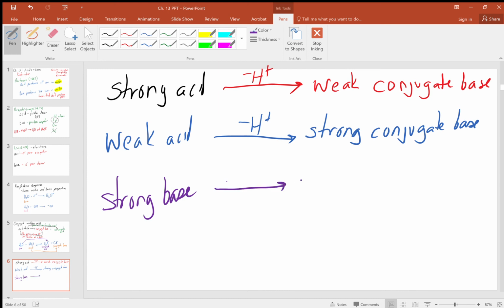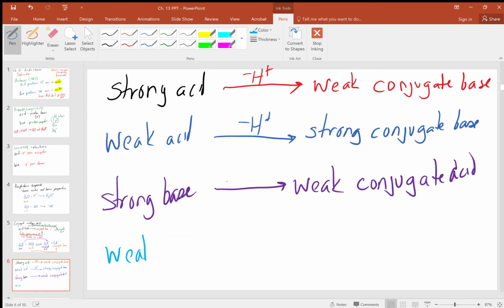So if it's going to want to gain a proton, does it want to give that proton away? Most likely no. So a strong base forms a weak conjugate acid. And finally, as you would logically expect, a weak base doesn't really want to add a proton, and so it's very happy to give it back.